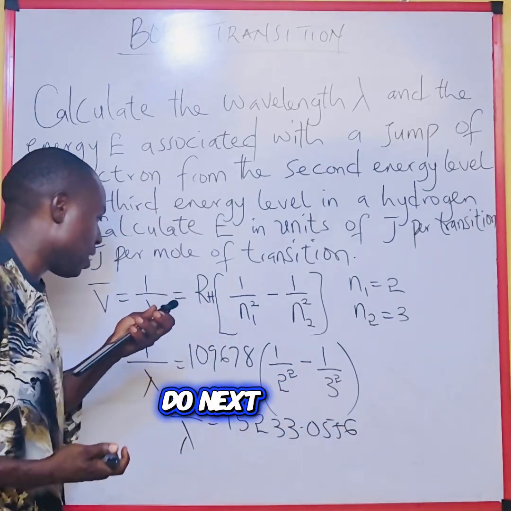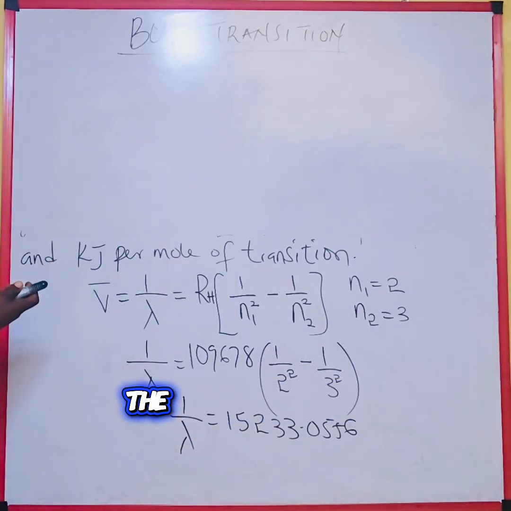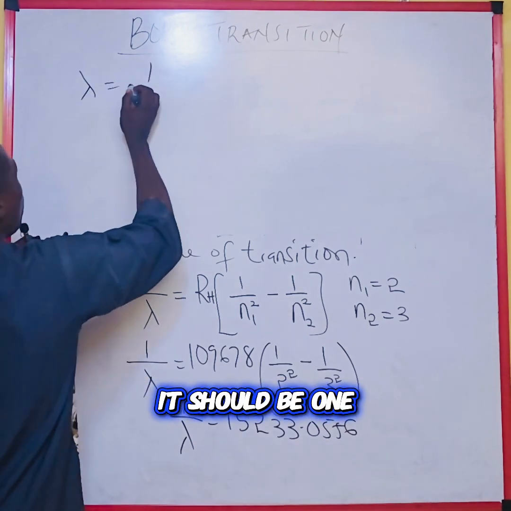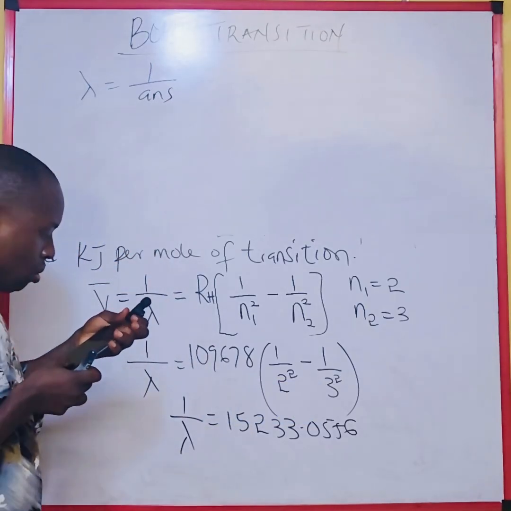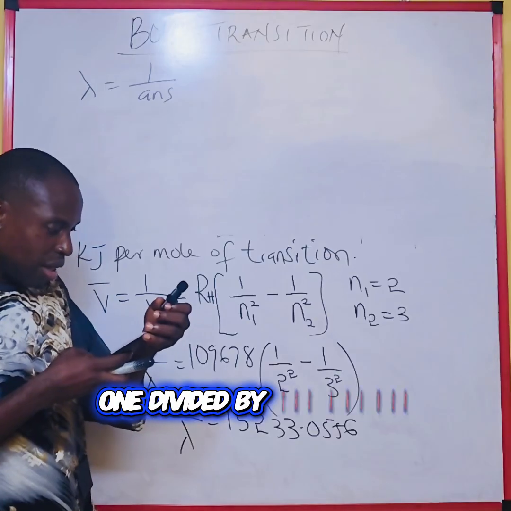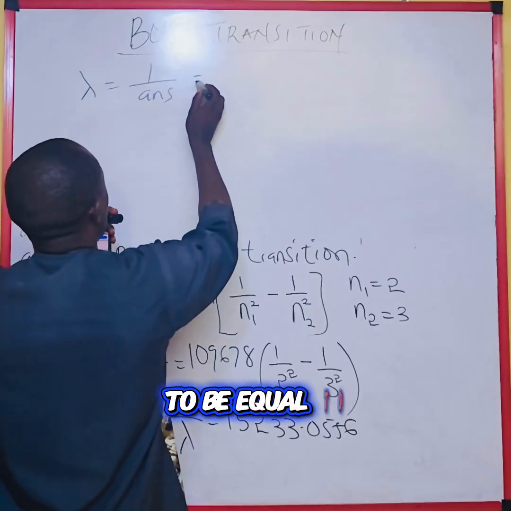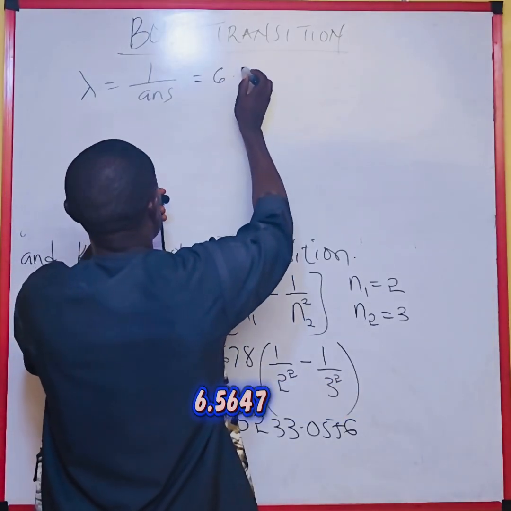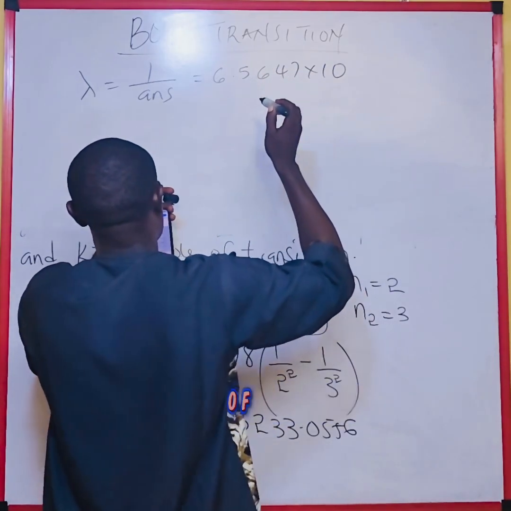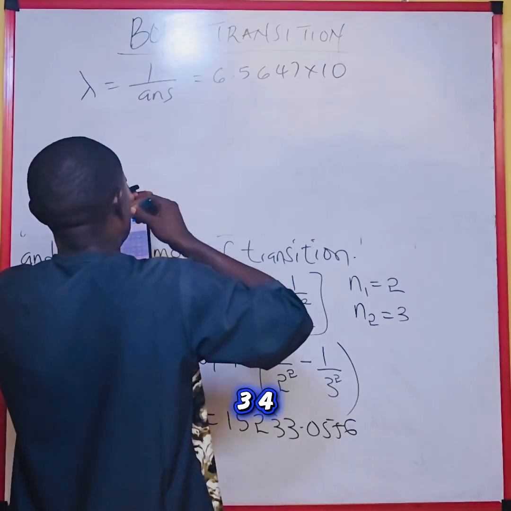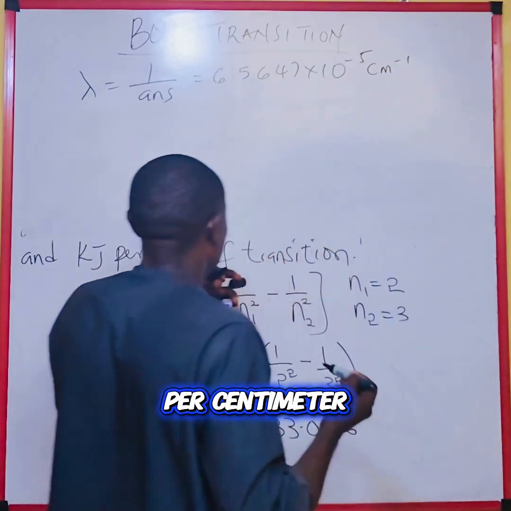So what do I do next? To get the wavelength only, it will be 1 over this answer I got here. So 1 divided by the answer, and I got it to be equal to 6.5647 times 10 raised to the power of negative 5 per centimeter.